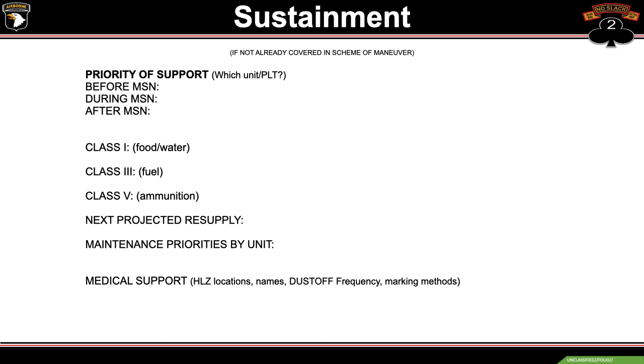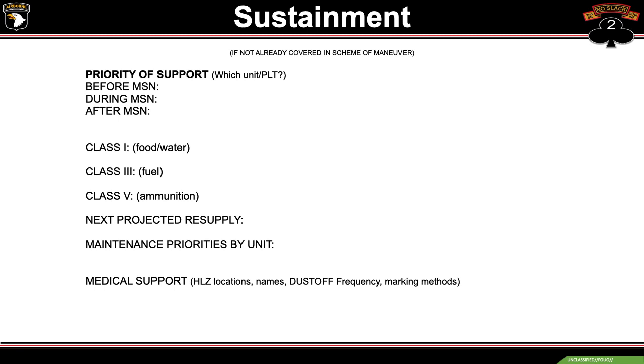And then especially important being the medical support. So where HLZ is located, MFPs usually turn out to be locations that can definitely support an HLZ, which is important for us to know and be able to pull those grids and to know, and then to send them up as well. Any names of HLZs, the dust off frequency. So dust off is the medical bird that comes in, the helicopter that would come in.